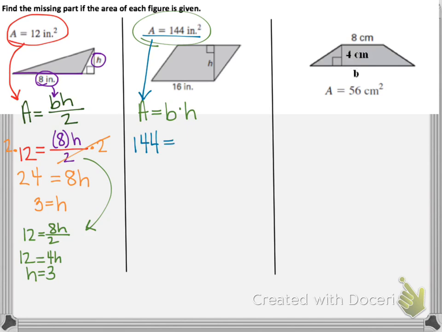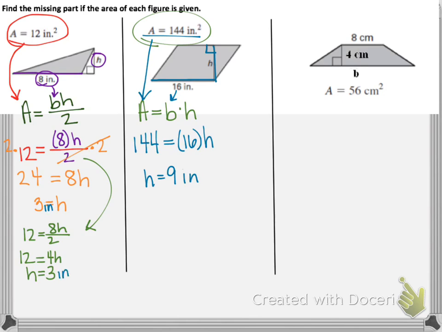So I have 144 equals. Do I have my base? It's this guy right here. So I've got 16 in for my base. And then my height, I don't know. So h is what I'm trying to solve for. So to solve for h, I'm going to have to take 144 divided by 16. And we're going to get h equals 9. So that'll be 9 inches. Did I put my units on the last one? I did not. Those should be inches.